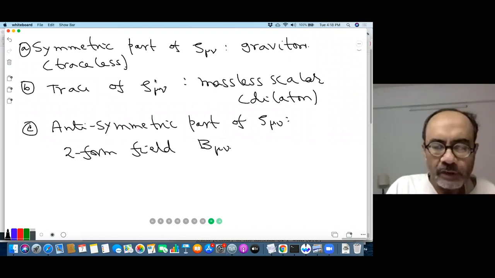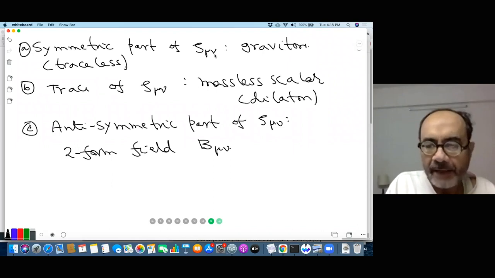Now we are going to study the effect of the equivalence relations, because not all zeta mu nus are necessarily independent states, because you have to check what the equivalence relations are.